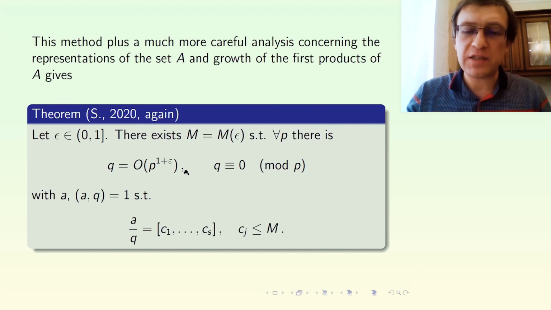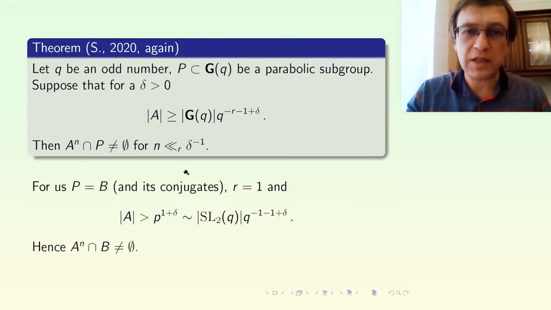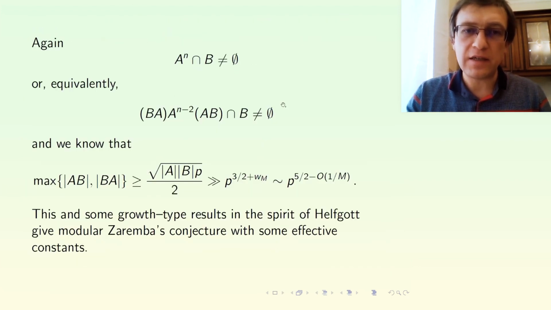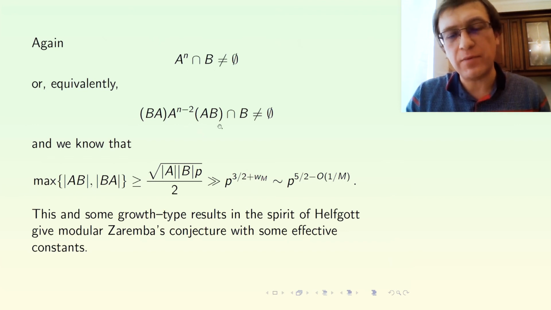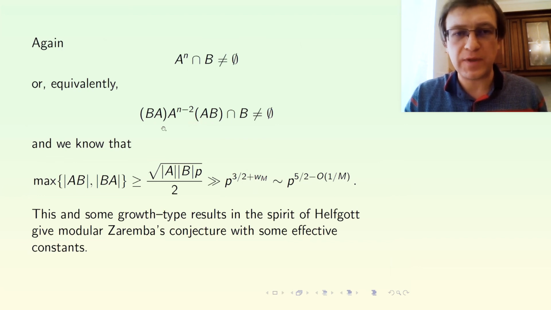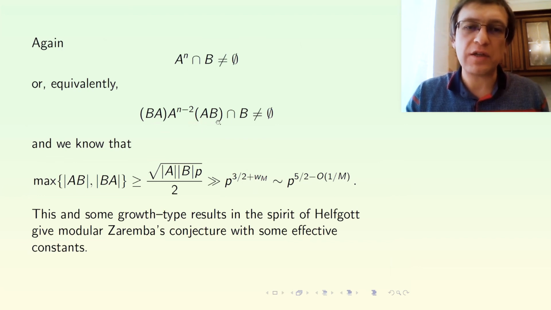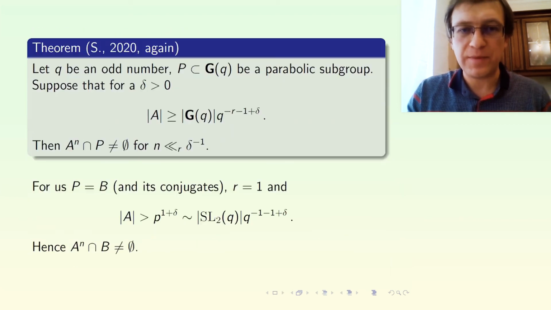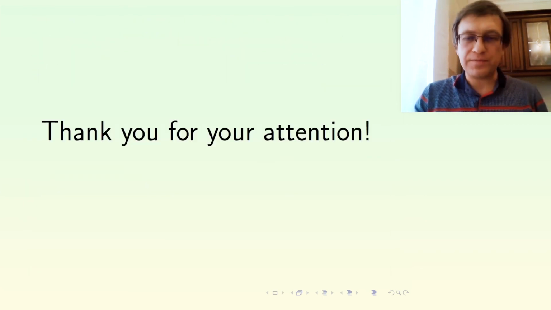And if my set is uniformly distributed, then I can solve this equation with 3 variables. It's more or less a standard thing. And also you can say something more about A, B, and BA for some specific subset of A, but it's another story. Thank you for your attention.